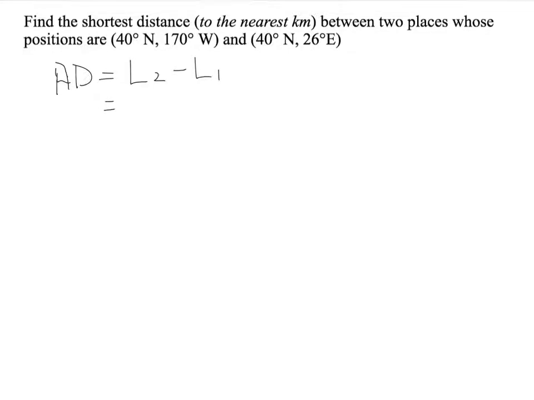When we have a look at that, we've got 170 degrees west, 26 degrees east. Now, they're different. Just like when we looked at latitude, if they were both north or both south, on the same side of the equator, if these are on the same side of the prime meridian, then we can subtract them. But when they're on different sides, we're going to add them.